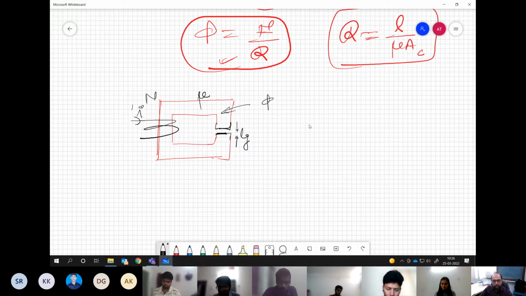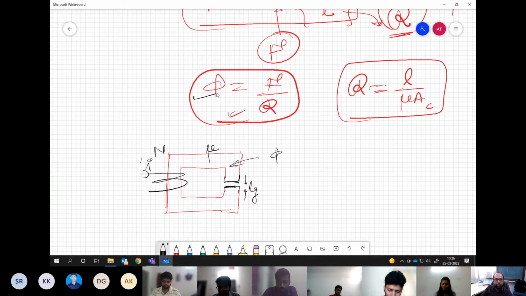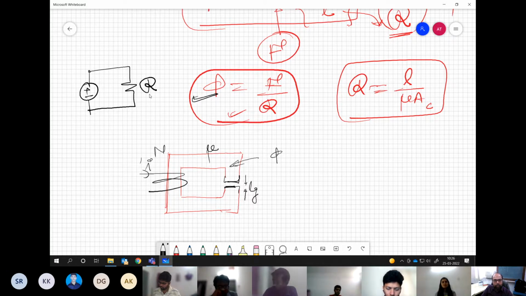So from here we have understood that we can make an analogy with the electrical circuit. The electrical circuit analogy says that you have a circuit where you define in a lumped manner the total reluctance at one place, the MMF as the voltage source, and flux as the current. Because all these conditions are satisfied here as well, we can make this similar circuit.